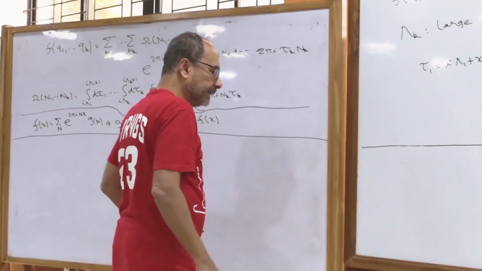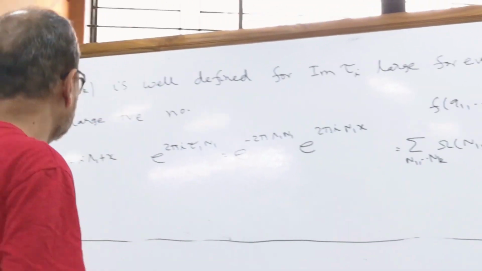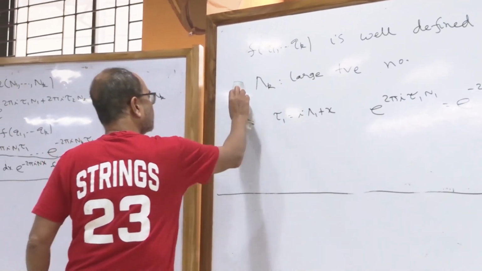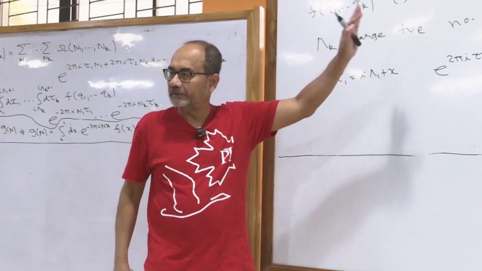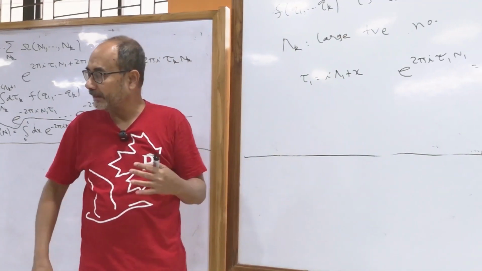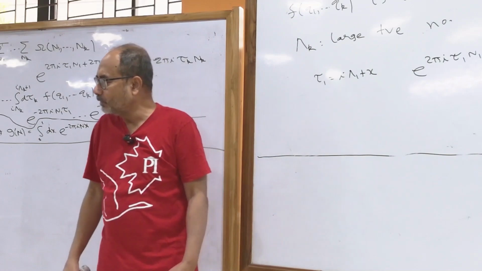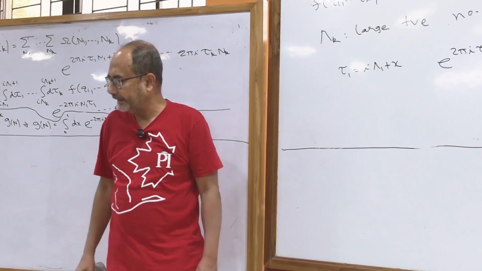Okay, so let me write this again. Again, I'm emphasizing that these q's have nothing to do with charges. These are what are called the fugacities. These are some auxiliary variables which are used to define the partition function.